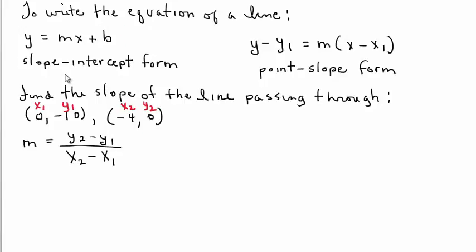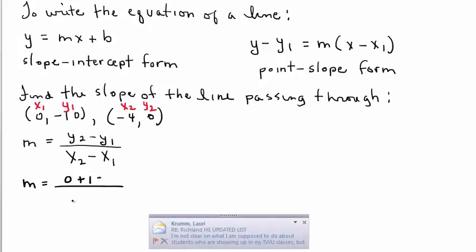Okay, so in this course, work is important, so you want to show all your work nice, neat, and organized. I know it doesn't come across as such as far as organization on the video, but on your own paper you guys can follow through with neatness. Now that we've identified the coordinates, 0 minus negative 10, we might as well go ahead and make that 0 plus 10, and then negative 4 minus 0.